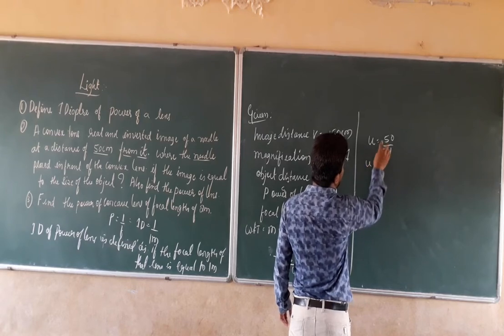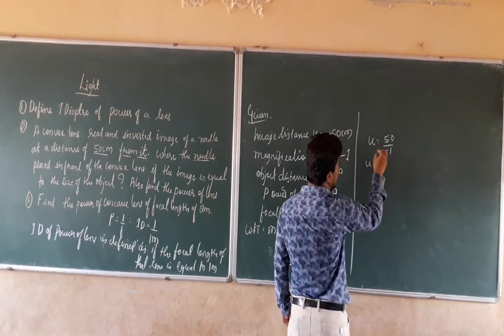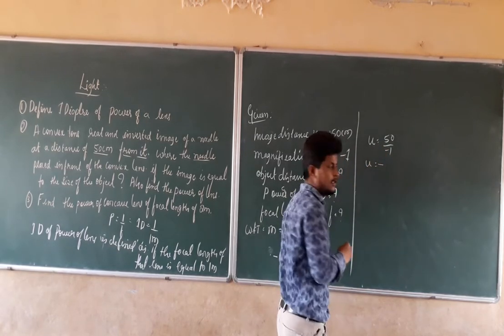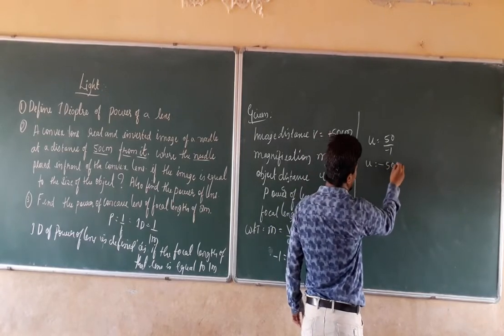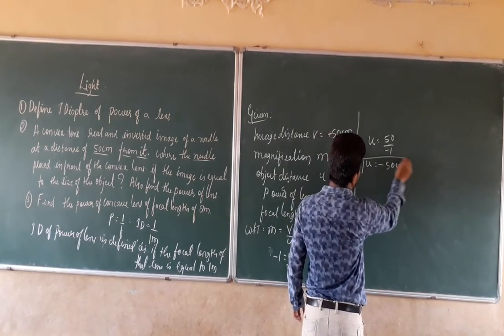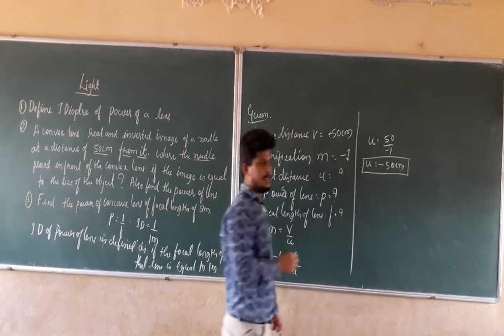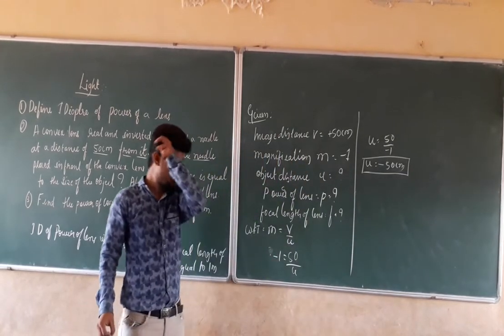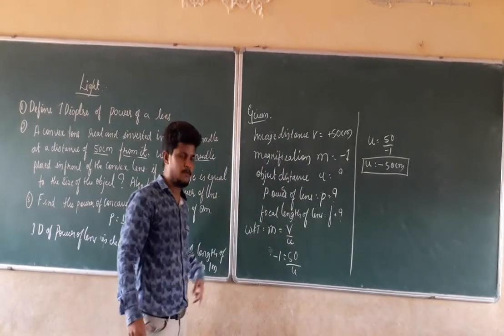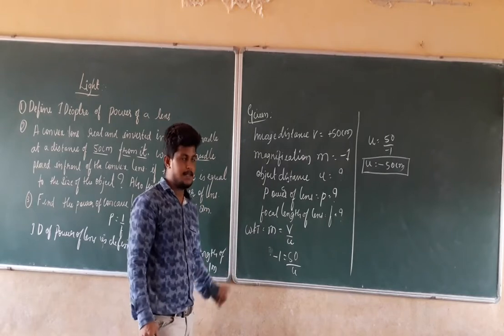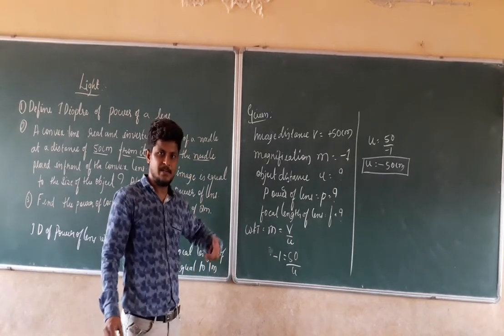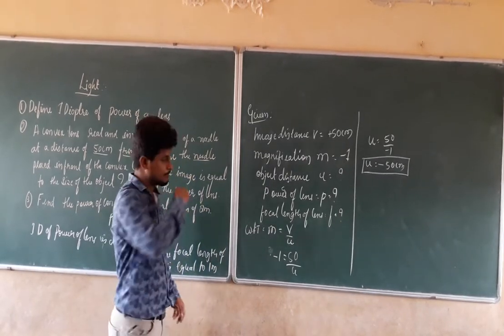Plus divided by minus is minus, so u equal to minus 50 centimeters. That is, the object, the needle, is kept at 50 centimeters from the lens.